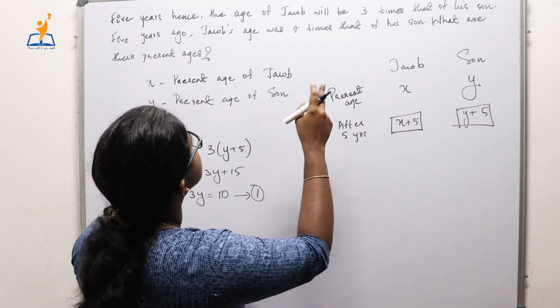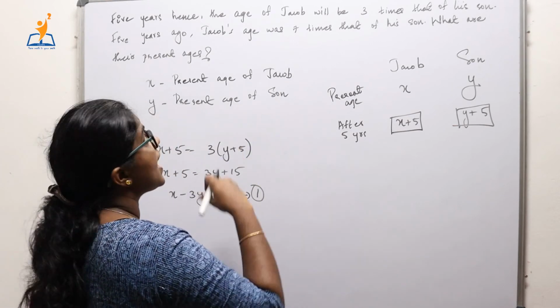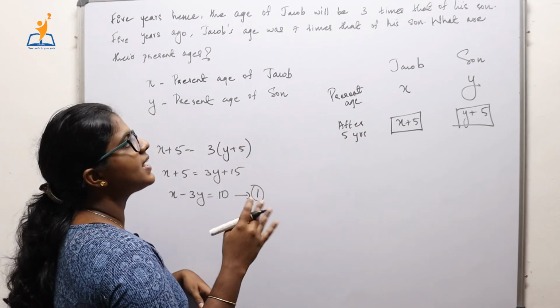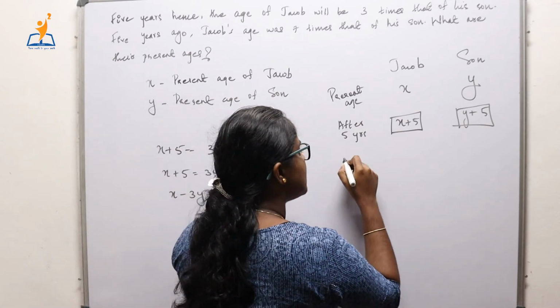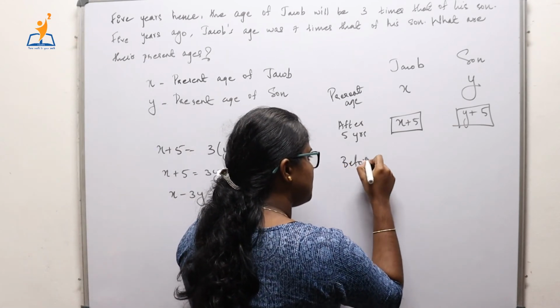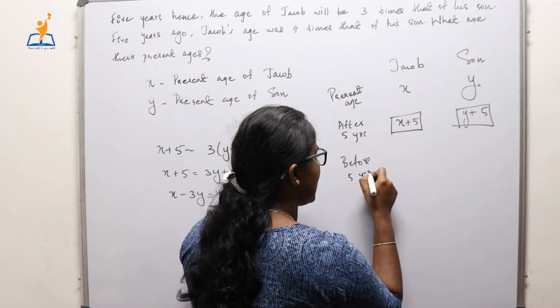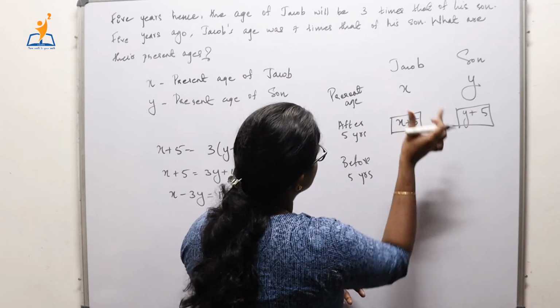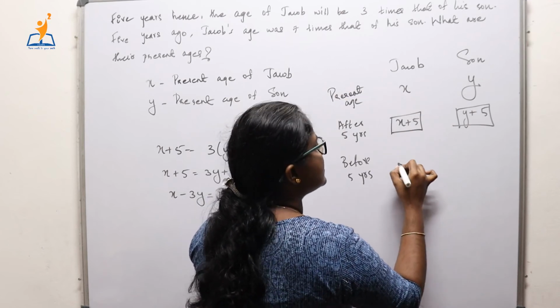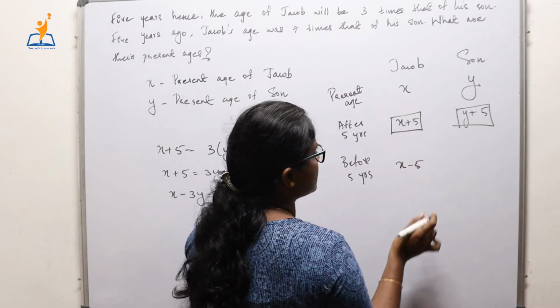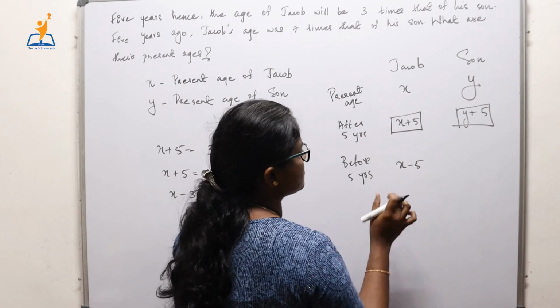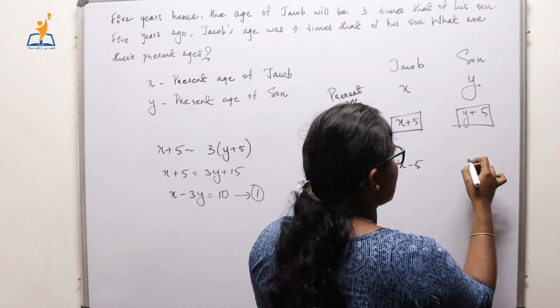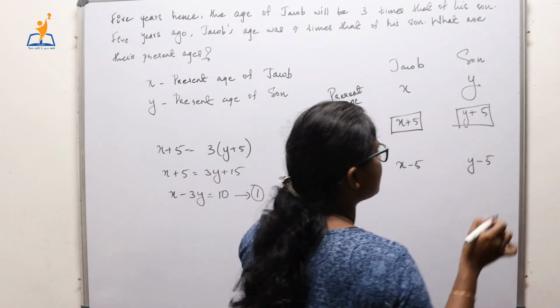Now again it is given that 5 years ago Jacob's age was 7 times that of his son. Before 5 years, what will happen to the age of Jacob and his son? Their present ages are x and y. Therefore, before 5 years, Jacob's age was x minus 5 and the son's age was y minus 5.